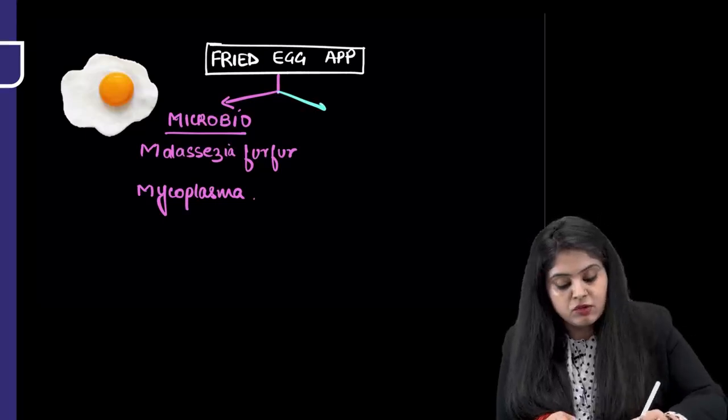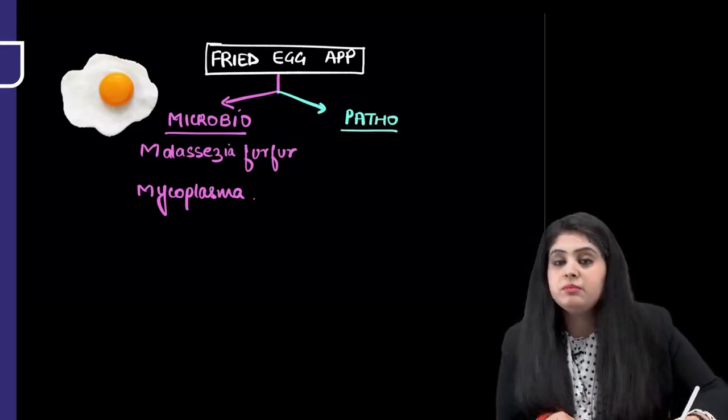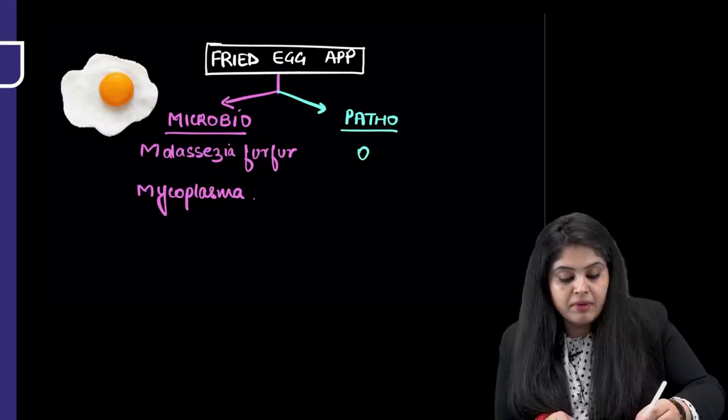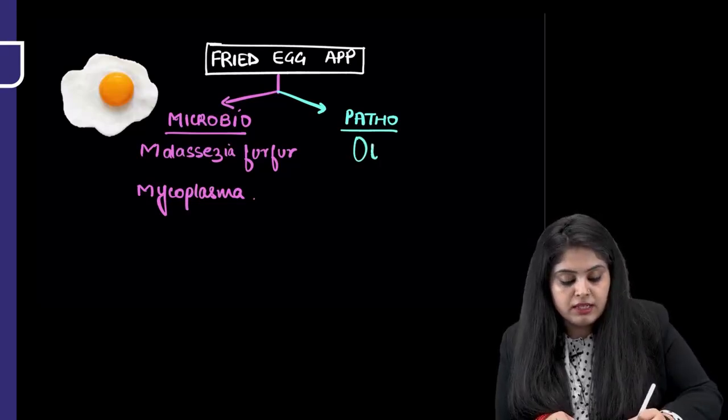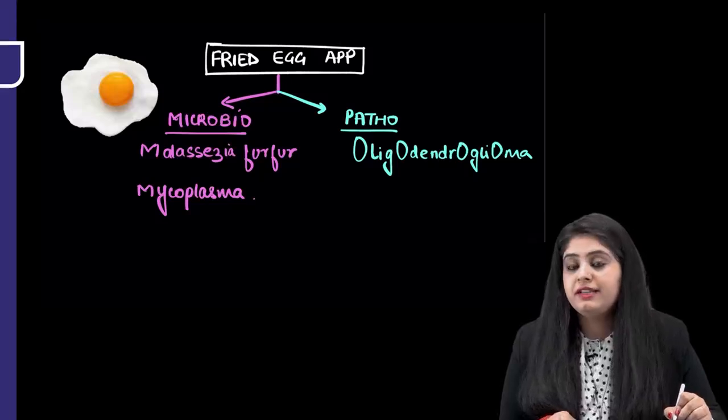The second one, let's talk about what all you studied in pathology. When we talk about pathology, is there any brain tumor? I think you all remember I gave you a method of learning, that is the brain tumor with all the O's, oligodendroglioma. Oligodendroglioma is going to have the eggs in it.